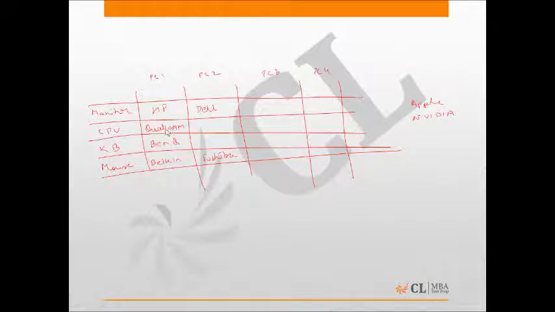Now, since I already have a monitor for PC1, I can say that Apple monitor and Nvidia CPU can be another combination in either PC3 or PC4. It doesn't make any difference to me as of now. If I write Samsung here, Motorola will not come with Samsung, so the only possible left for Motorola is with Dell. So Motorola CPU will come here.